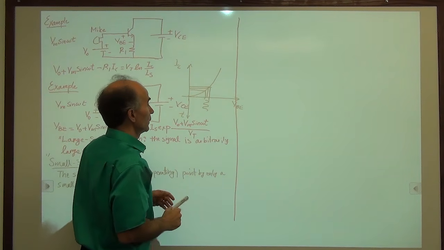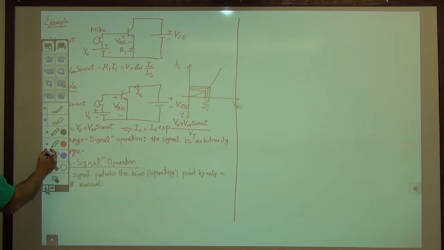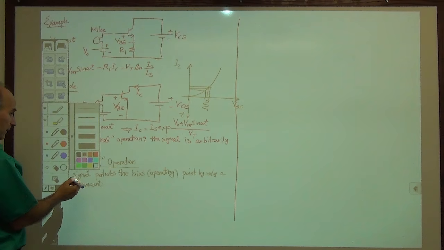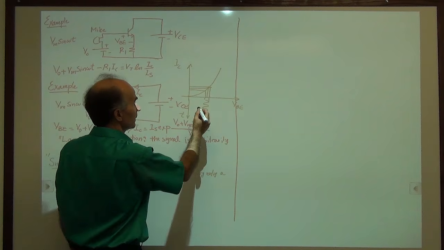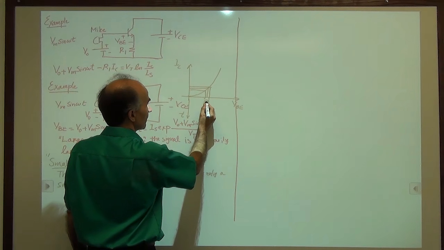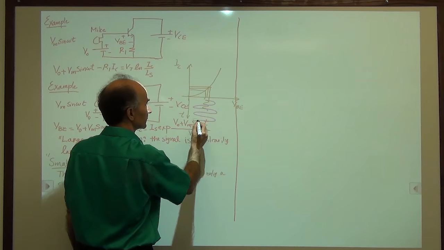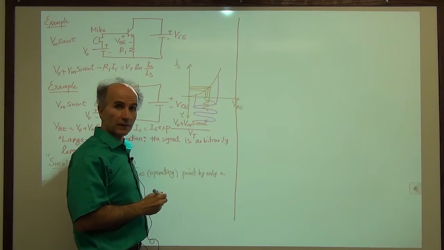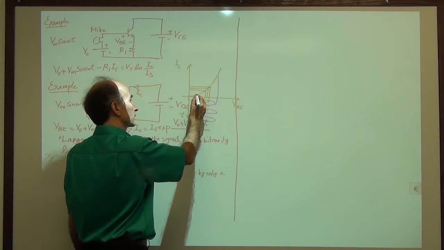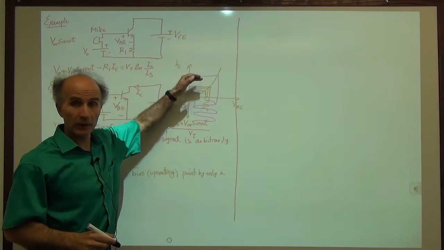On the other hand, we could not be in this situation. So let's draw using a different color, maybe this color here. It could be that we are still around the bias, but then we have something like this. Now you can see that the current has huge fluctuations, the collector current, right? The collector current is here, then it's over here. So we have huge fluctuations.